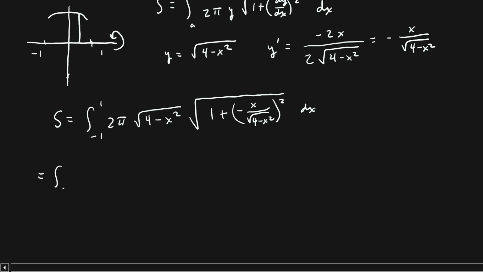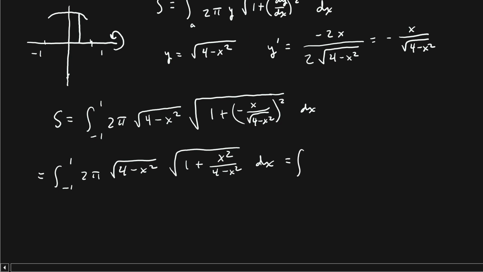So this is going to be the integral from negative 1 to 1, 2 pi square root 4 minus x squared times the square root of 1 plus x squared over 4 minus x squared dx, once we square that. Now here I'm going to get a common denominator.